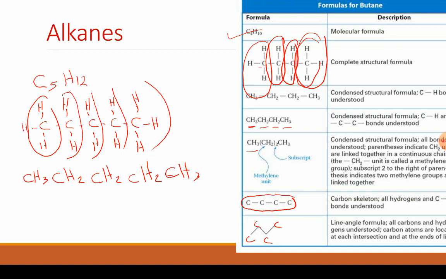Of course, we can add dashes or not. Both are correct. We can write it another way: CH3, brackets, CH2 to the 3, because we have CH2, CH2, CH2, 1, 2, 3. So 3 times, we write subscript 3 and CH3 at the end. Is it clear till now? Okay.